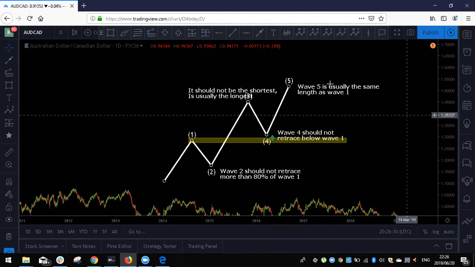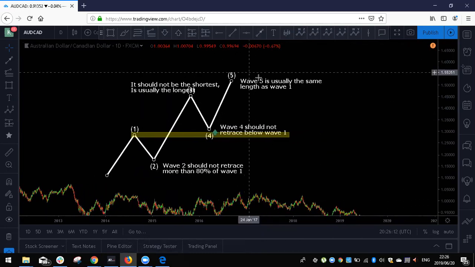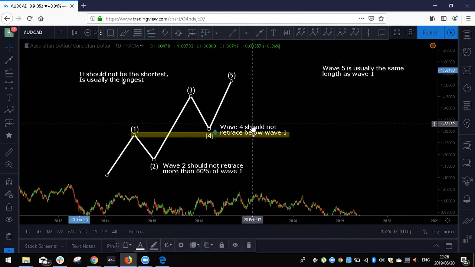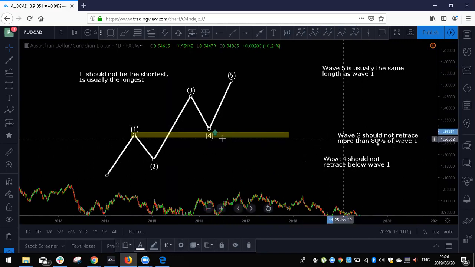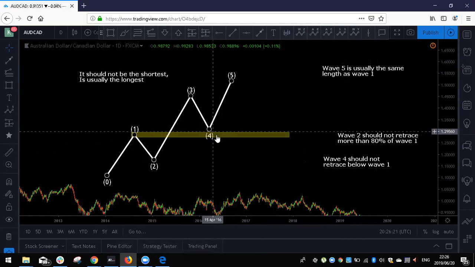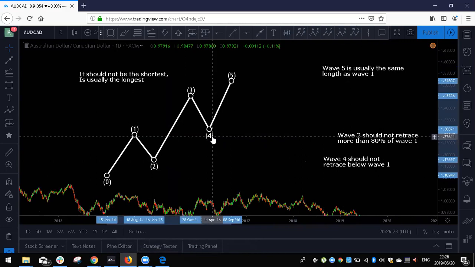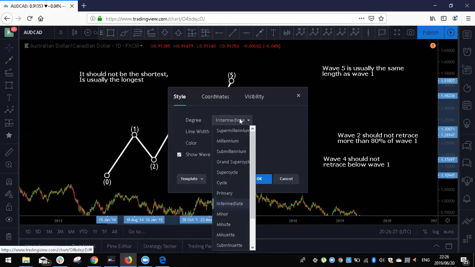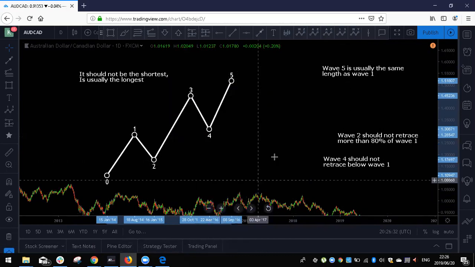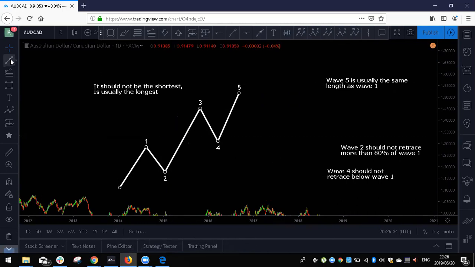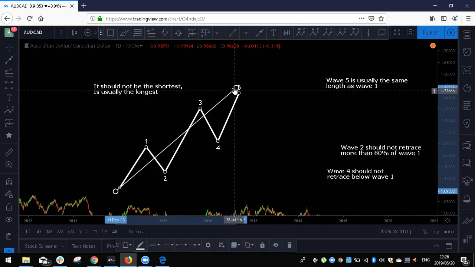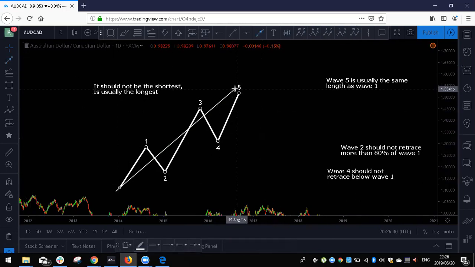Okay, I see. This is for the motive wave. But as you zoom in the degrees, let me say this is a minor wave. It means when I go to a higher time frame, I can just strike through like that.